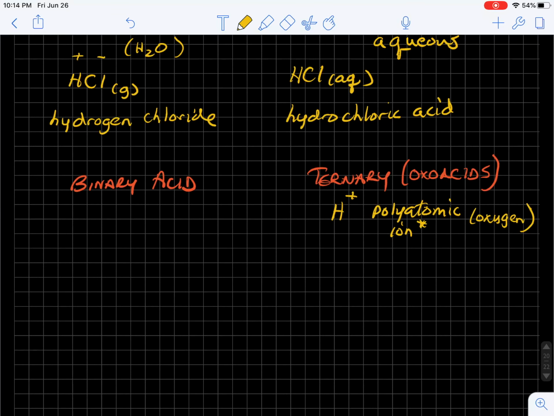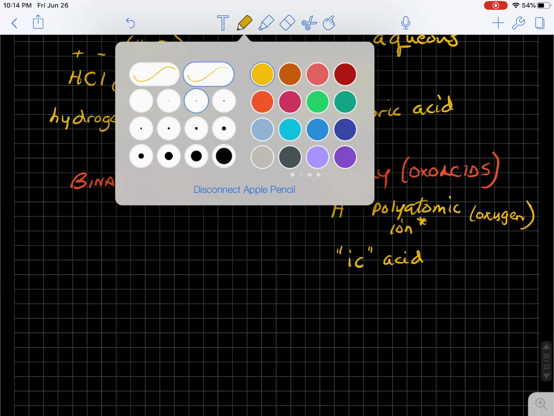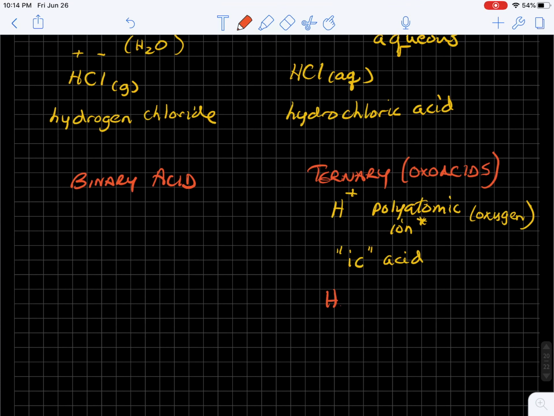And if that happens, then the naming system is pretty easy. It's based upon the group name, and then you just add to the group name ic acid. So I'm just going to write ic, whatever ic acid is the format. So for instance, let's say you had H2CO3.